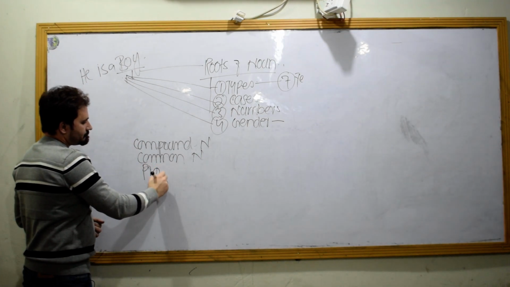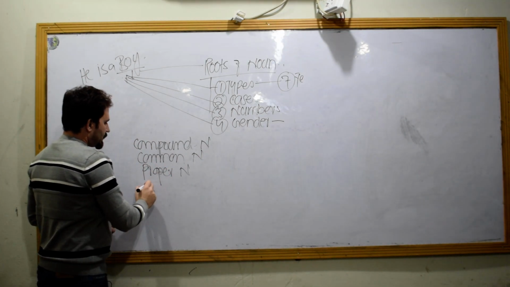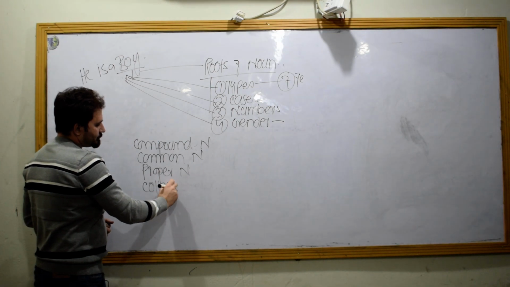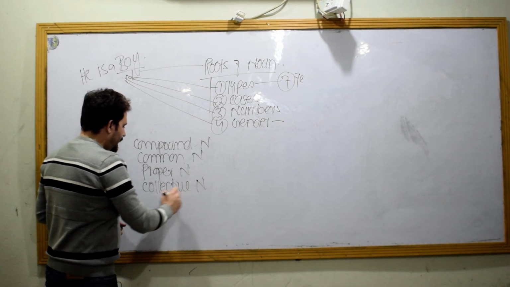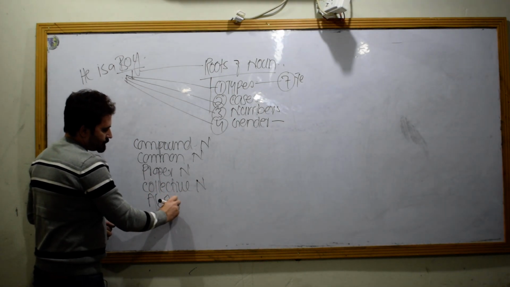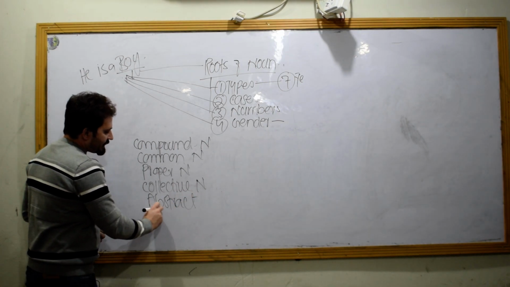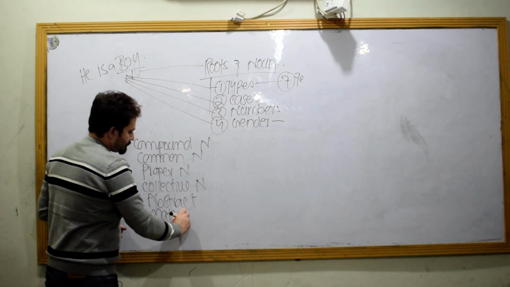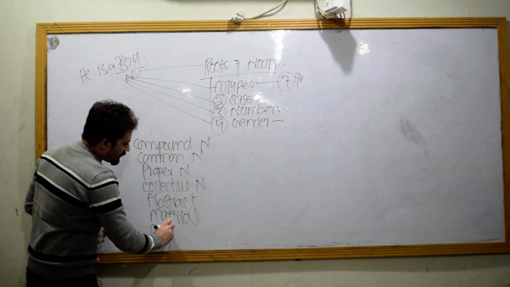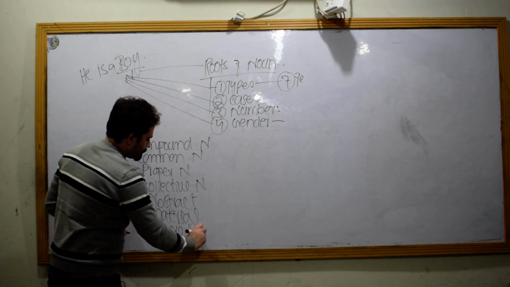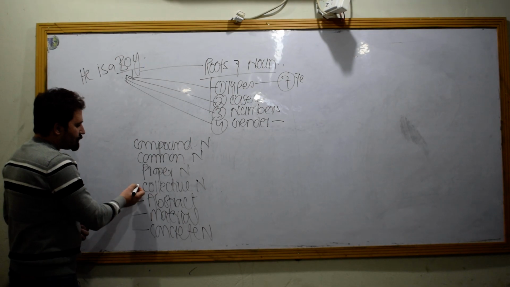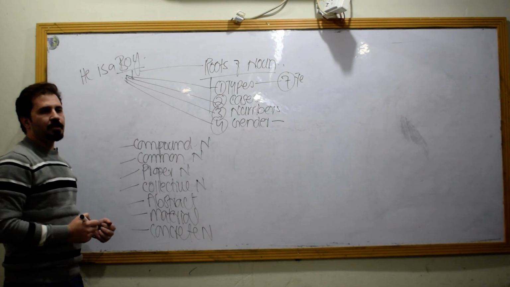Proper noun. Collective noun. Abstract noun. Excellent. Material nouns. Alright, concrete nouns. So 1, 2, 3, 4, 5, 6, 7 types of nouns.